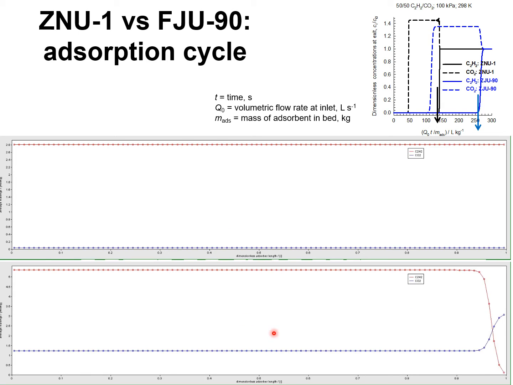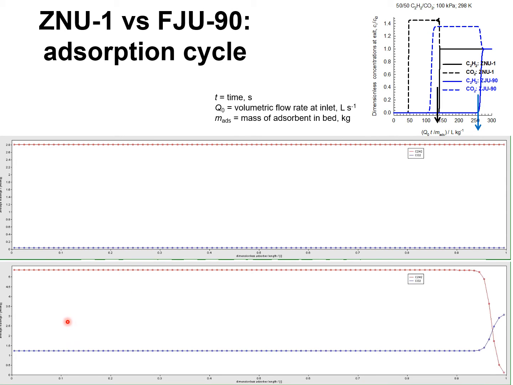The important differences in these two MOFs is clear. FJU90 has a significantly higher CO2 in the adsorbed phase of the order of 1.2 moles per kilogram. It also has a higher amount of C2H2.